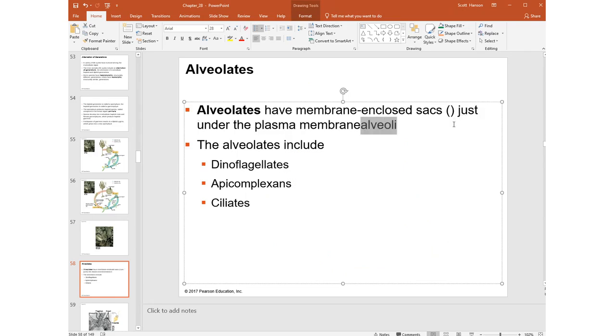So little sacs that are enclosed by a membrane are called alveoli, whether they're in these protists or in the lungs of animals. And these sacs are just under the plasma membrane, and we'll see those in a minute. The alveolates include dinoflagellates, apicomplexans, and ciliates.